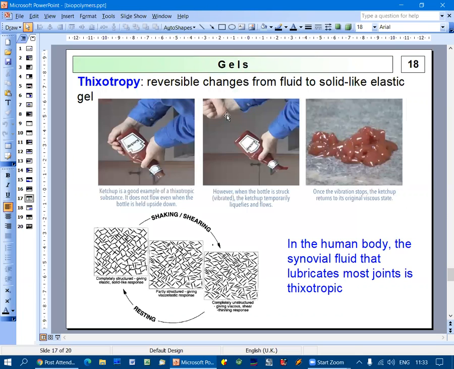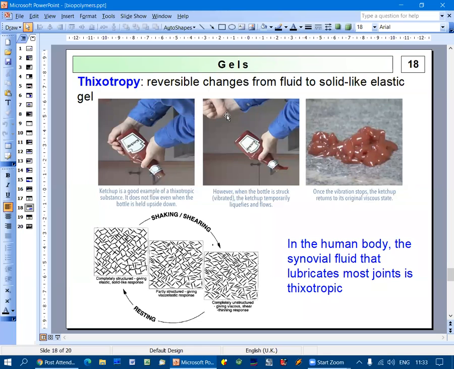Such systems have very interesting properties, and the first one is called thixotropy.